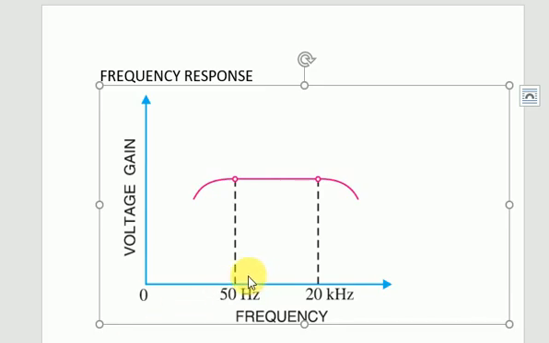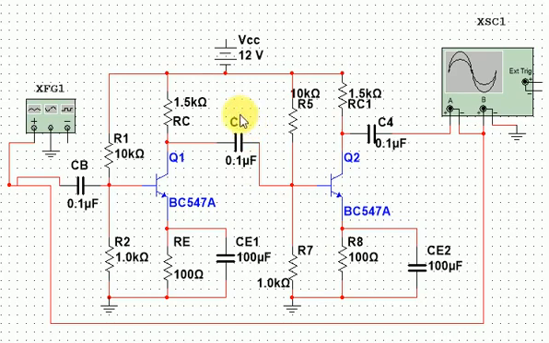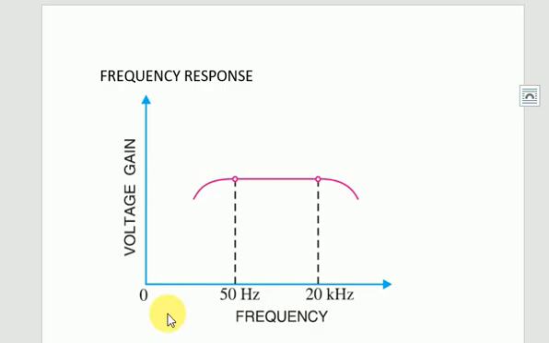Thus, as frequency increases from 50 Hz to 20 kHz, the reactance of coupling capacitor decreases, which will result in an increased gain. But at the same time, lower reactance means higher loading effect of first stage, and hence will result in a lower gain. These two factors almost cancel each other and therefore result in a uniform gain for the mid-frequency range.